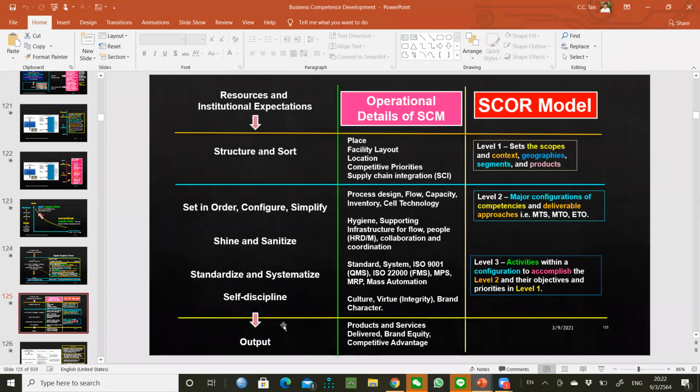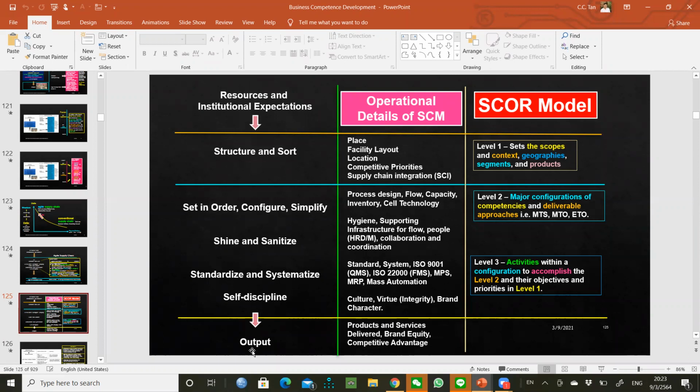Okay, so in a structured sense, you can see the input, process of 5S, to output. Okay, so 5S in the sense of we have the resources and institutional expectation, which is the input, and the process is the 5S, which is structuring and sorting things, and then setting in order, shining, sanitizing, quality checking, controls, and standardization, systemization and self-discipline, and all this 5S, right?